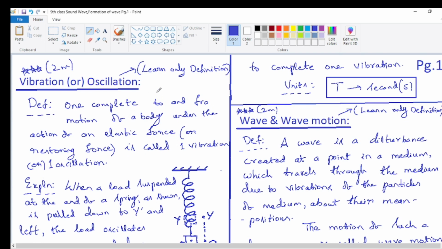This is the running notes which I said I'll be giving in the last 2 minutes of the class. So this is the first page, page one, and it's coming to 4 pages.